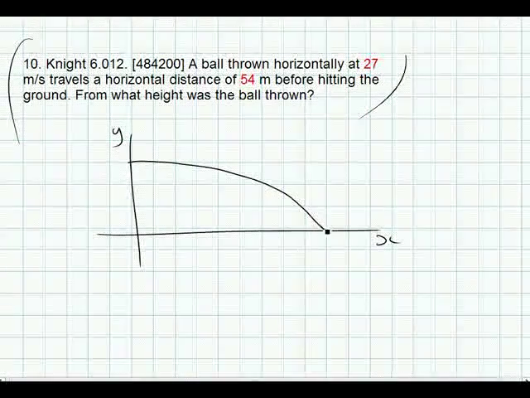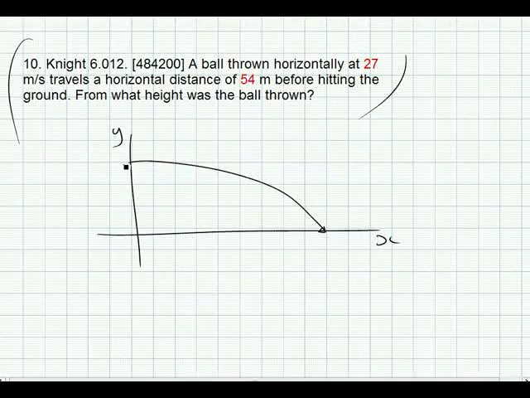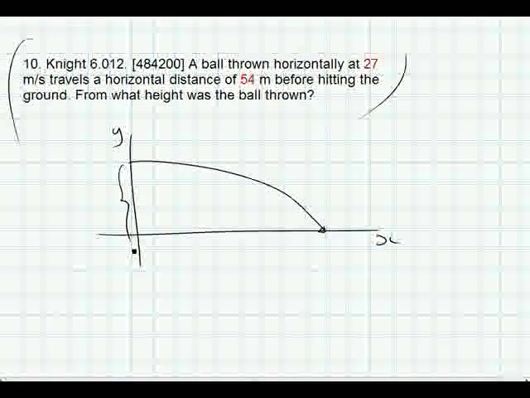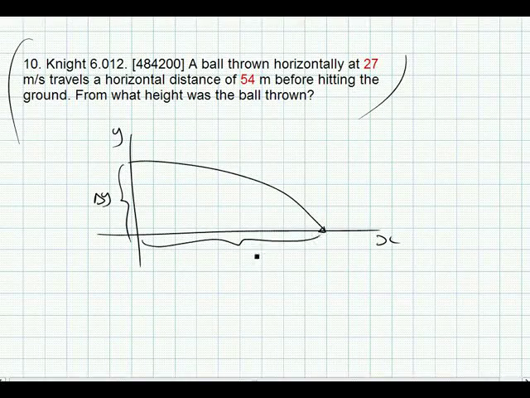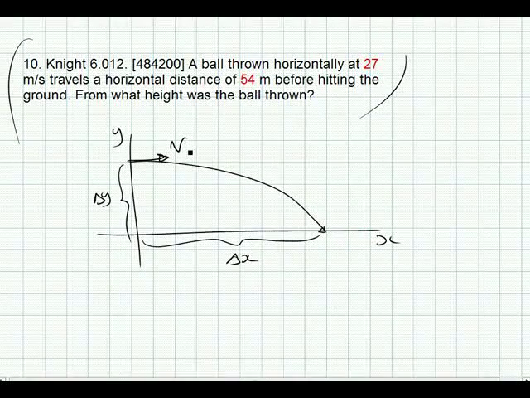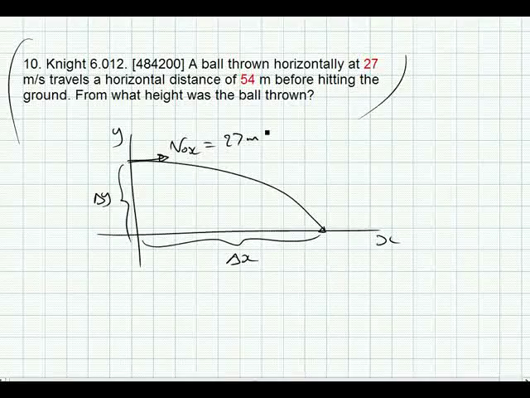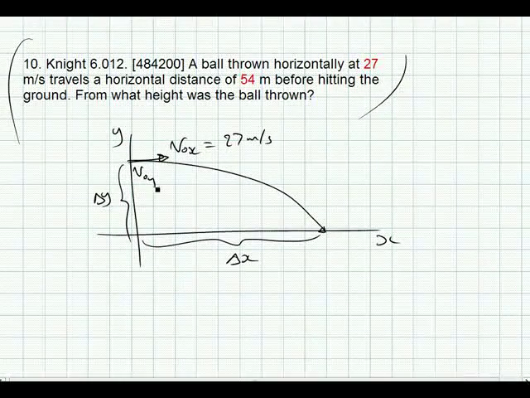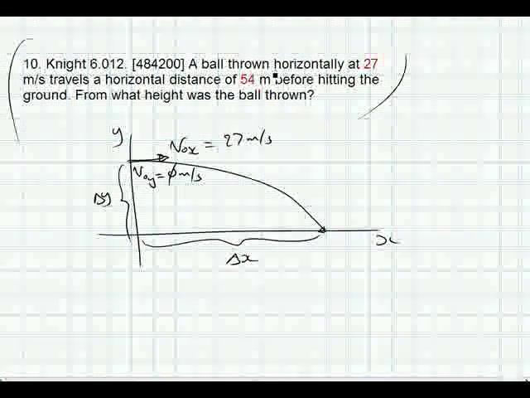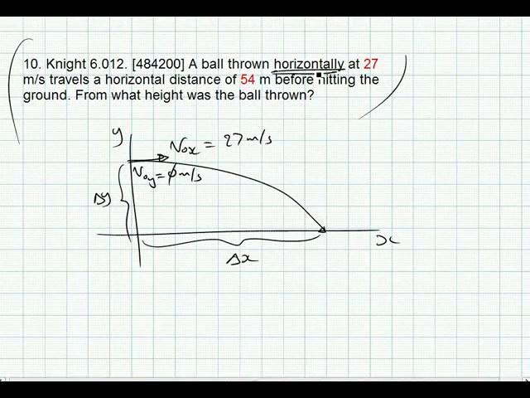Alright, so the ball is thrown like this, and we're trying to figure out this delta y, and we are given delta x. So our launch velocity v0x is 27 meters per second, and v0y is 0 meters per second because the ball is thrown horizontally.